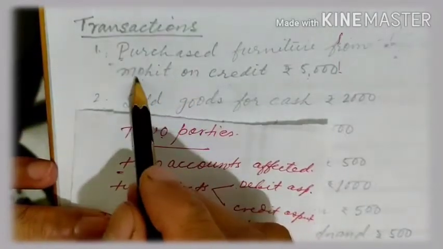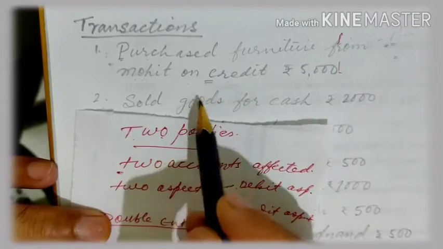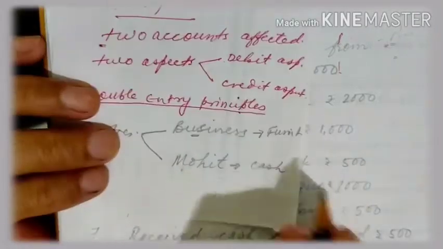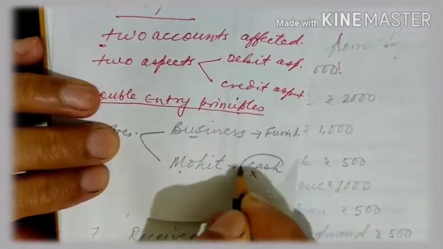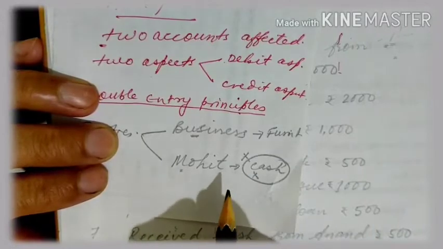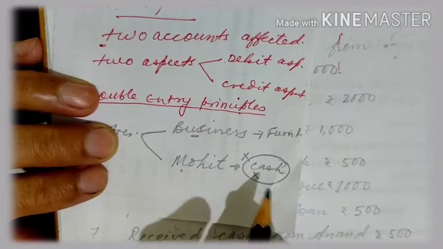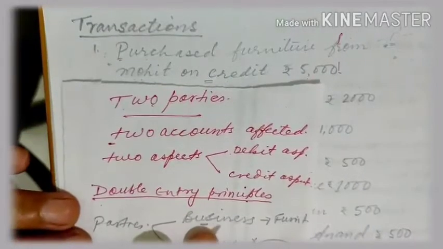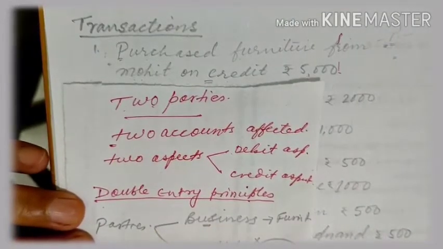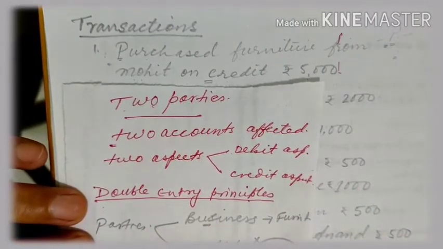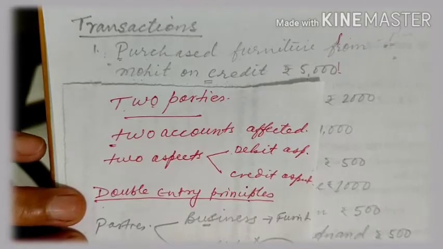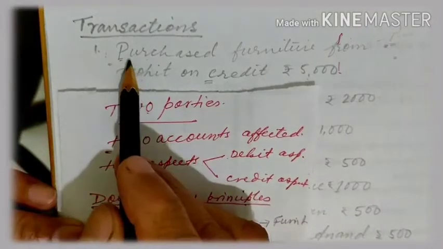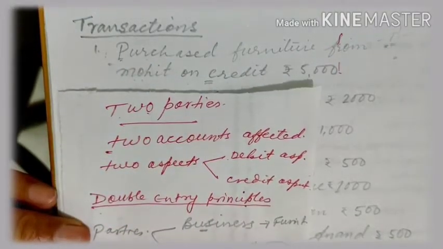But let's see, did Mohit get the money? No. It is on credit. So Mohit did not get cash. There is no payment made immediately. The payment will be made later. A very important point in writing journal entries is to find out these two aspects in every transaction. Like say in the first transaction, what are the two aspects?